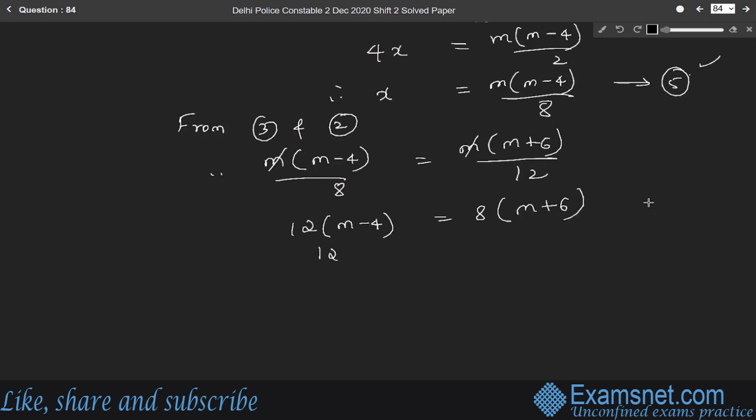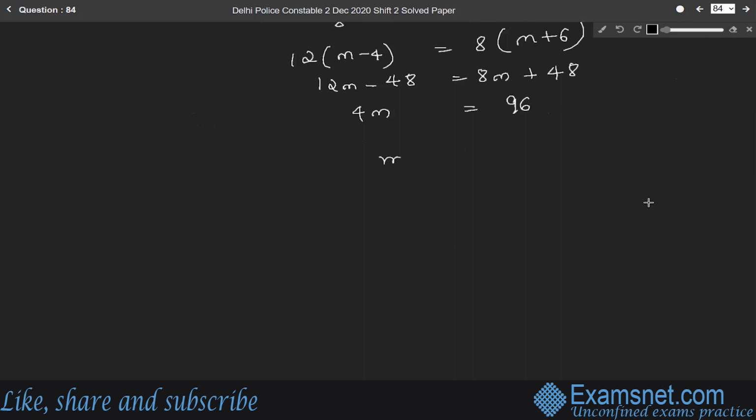Simplify it. 12m minus 48 gives 8m plus 48, which is 4m is equal to 48 plus 48, which is 96. Therefore, m is equal to, what is m? It is 24. m is equal to 24.